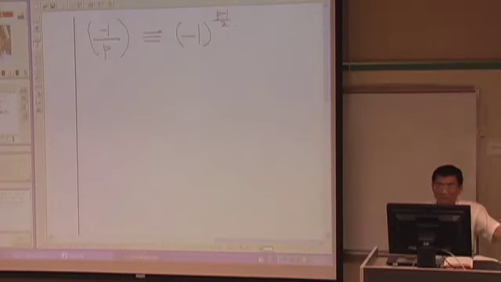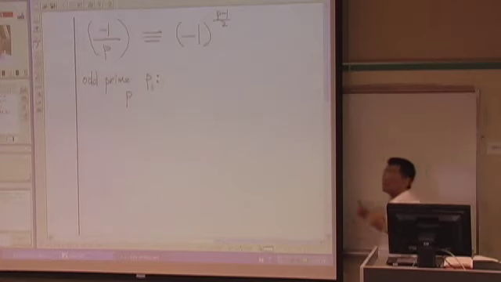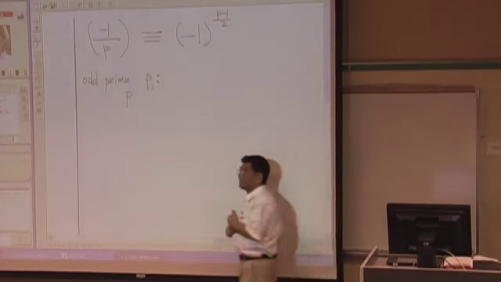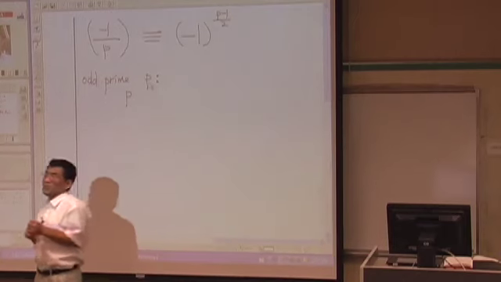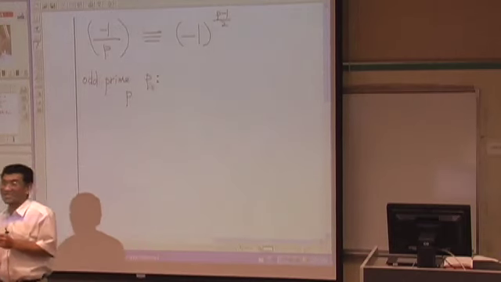Then let's check. If p is an odd prime, we are considering this for all odd primes p, because if it's an even prime, the problem is very trivial. If it's the even prime 2, other than 0, it has only one entry, 1.